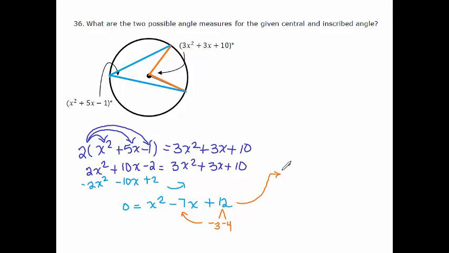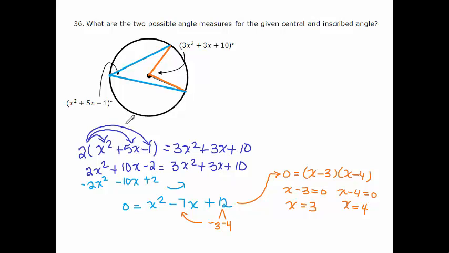So I'm going to replace that expression with x minus 3 times x minus 4. And when I set each of those pieces equal to 0, I find that x can equal 3 and x can equal 4. So it gives me two possibilities for my two angles over here.